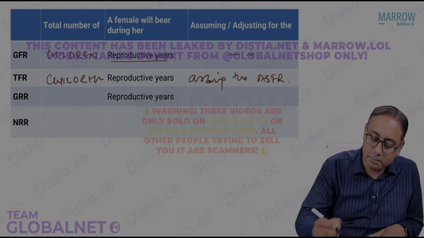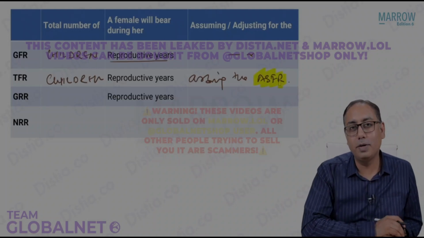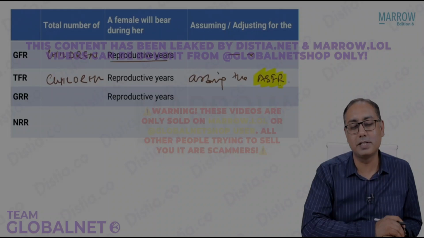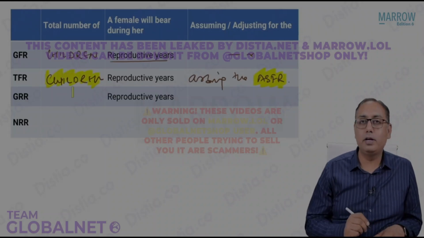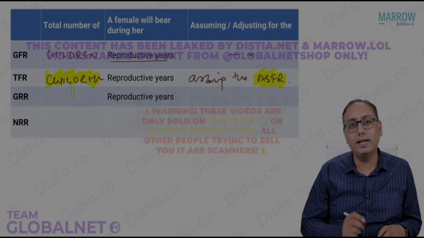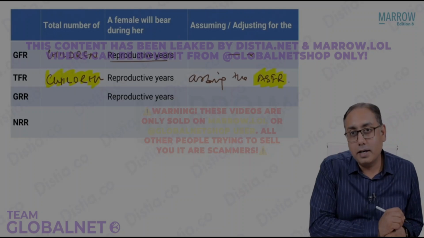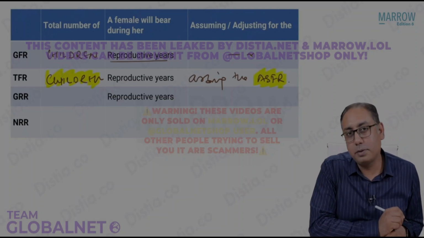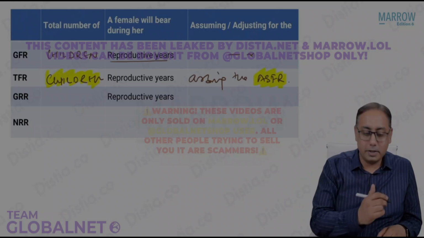So please note, what is the main highlight of the game? When will you mark TFR as your best answer? If the question says total number of children a female will bear during her reproductive years, assuming the age-specific fertility rates. Next, what is GRR? GRR stands for gross reproduction rate. What is the difference between a total fertility rate and a gross reproduction rate?